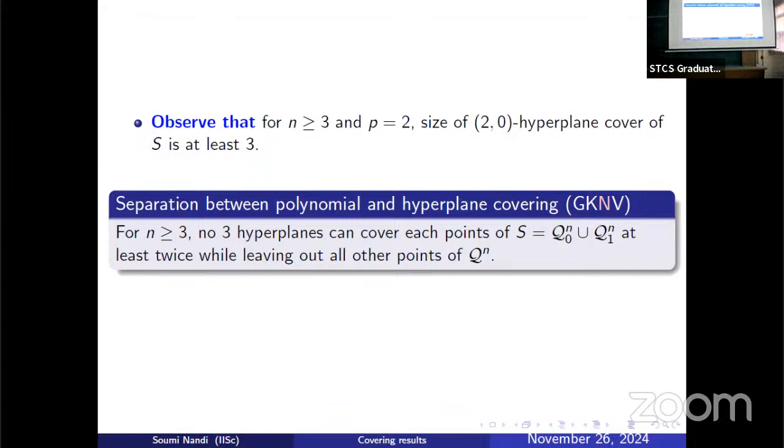But we can actually show that no 3 hyperplanes can cover the 0th layer and first layer at least once, while keeping all the other points uncovered. So there is a strict separation even for symmetric sets when we are considering multiplicities.